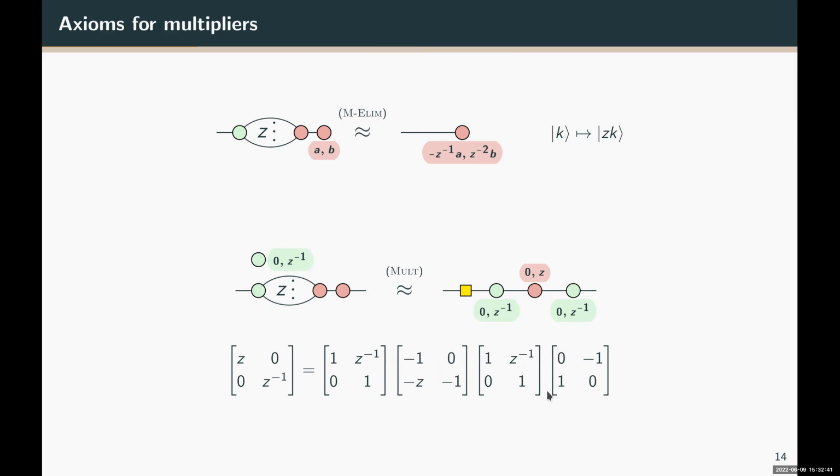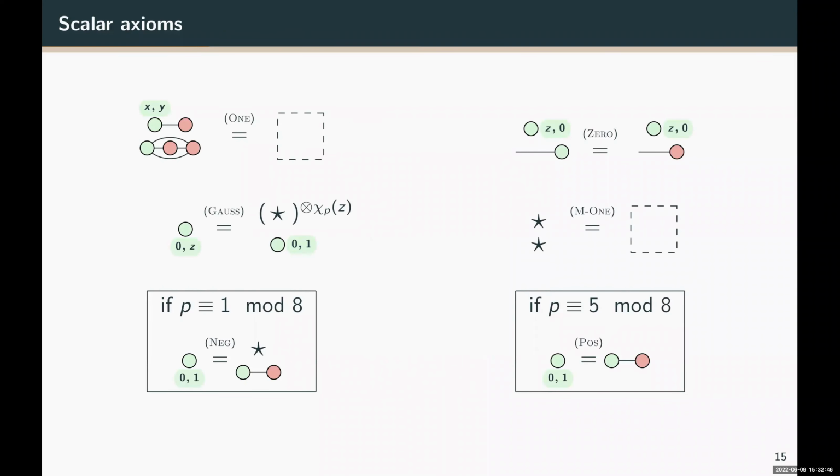Okay, so this is more or less the core of the language. Then we have a handful of maybe somewhat ugly axioms for the scalar fragment of the language. We have a scalar rule essentially saying that the square root of p times 1 over the square root of p is equal to identity, or to the empty diagram.